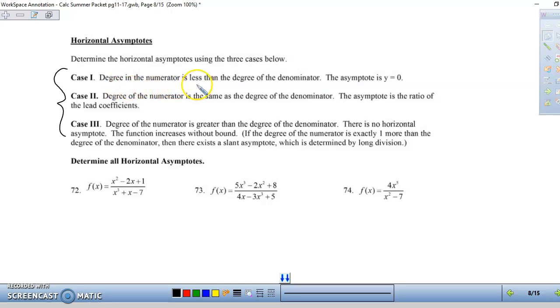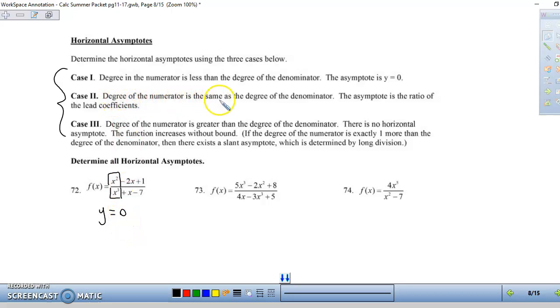So if the numerator is less in degree than the denominator, for example, this one, the degree of the top is 2. Look at the highest exponent in the expression. The degree in the bottom is 3. So the numerator is less than the denominator, so I have a y equals 0 asymptote.